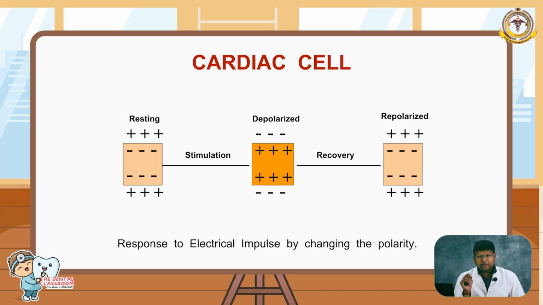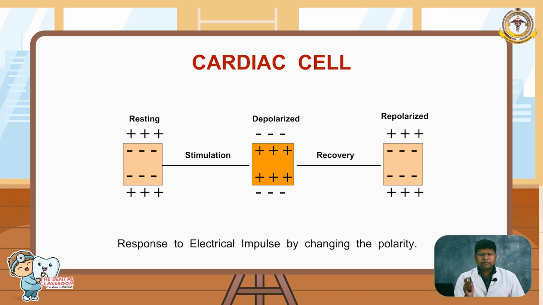When you put an electrode inside a cardiac myocyte, you can see a charge inside the cell, and that is negativity. So when you take a normal cell at a resting state, there will be negativity inside and positivity outside the cell. That is called the resting membrane potential.